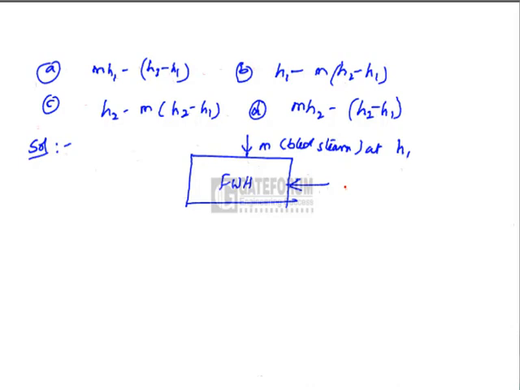There is liquid water entering with a specific enthalpy of H2 kilojoule per kg. Obviously this mass will be 1 minus m.